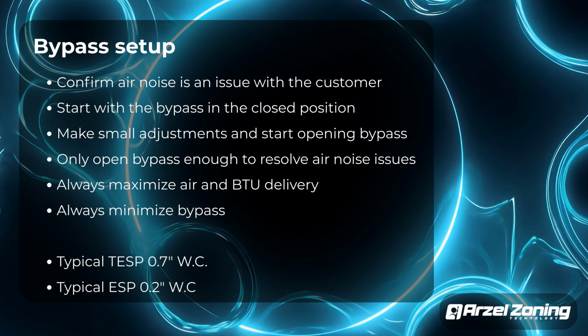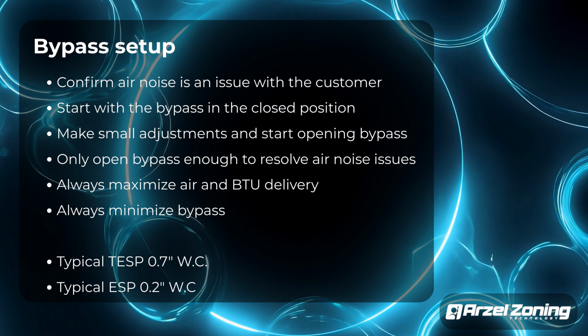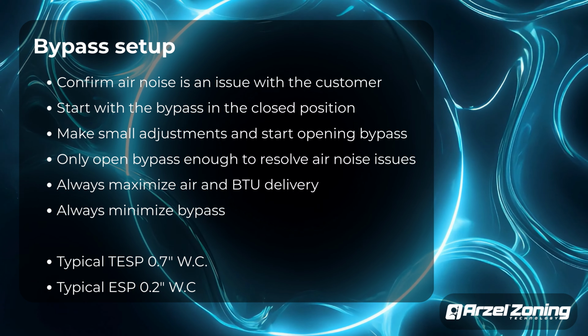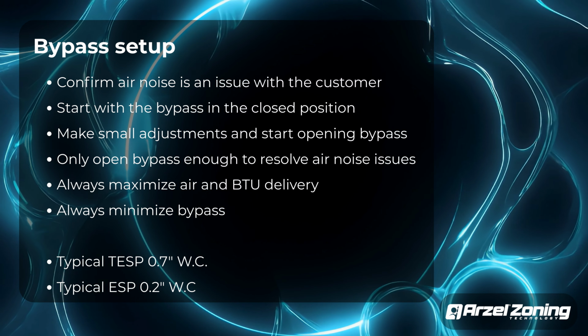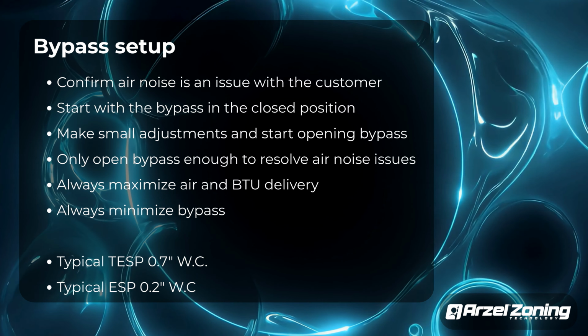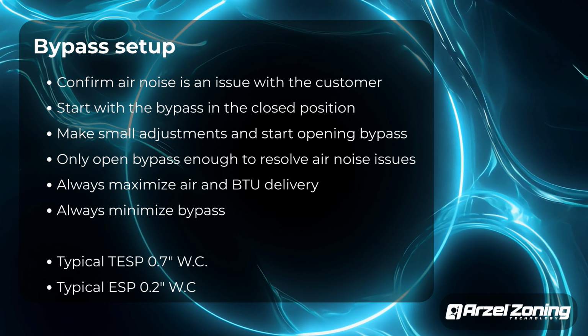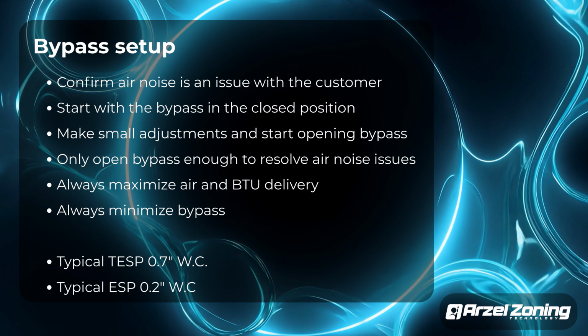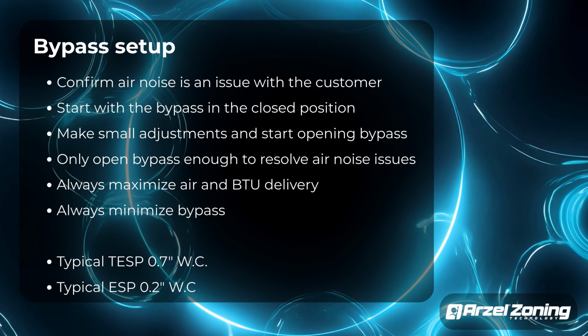And what I need you to do is to let me know when the noise level in this zone is acceptable. Whether you got them on the phone, whether they're going to stomp on the floor, whatever your method of communication is, you're going to use the customer. You're going to make those small adjustments to start opening the bypass. Once the bypass is open enough to resolve the air noise issues and your customer gets you on the phone and says, that's it, that's good, or stomping on the floor, that's your adjustment.